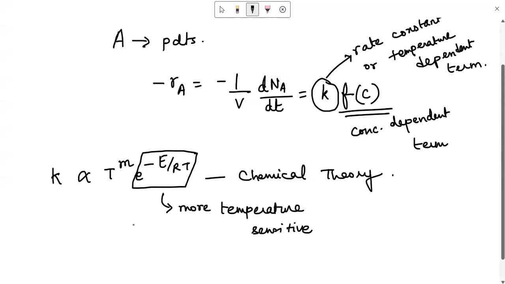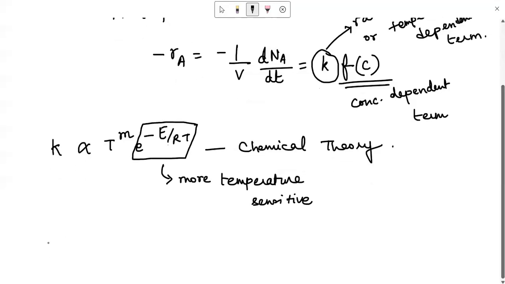So for ease of studies, people generally consider this relation to be more effective because of higher temperature sensitivity.